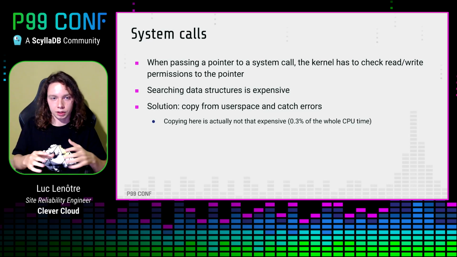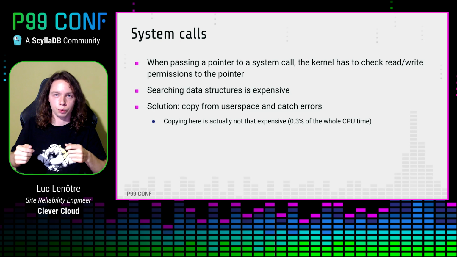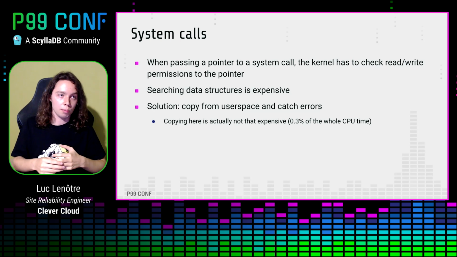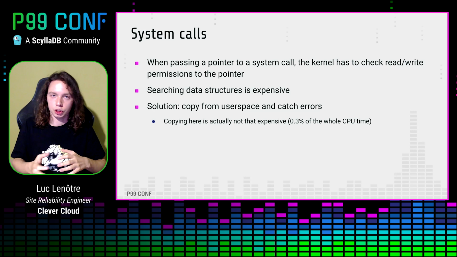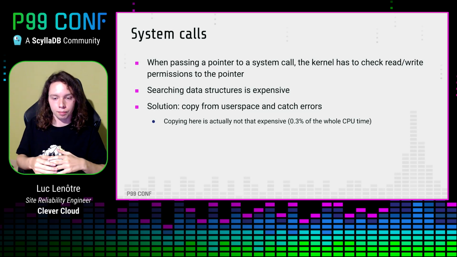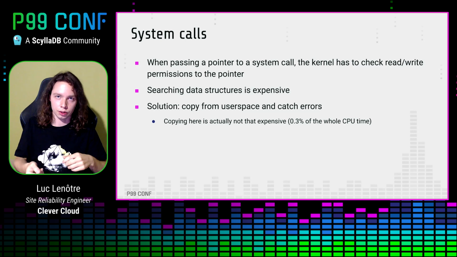You can basically just take the pointer and check the data structures of the kernel to see if the pointer is associated to a region of memory that is allocated to the program. But there's a security issue with that. When you have done the check, then you are going to use the pointer.